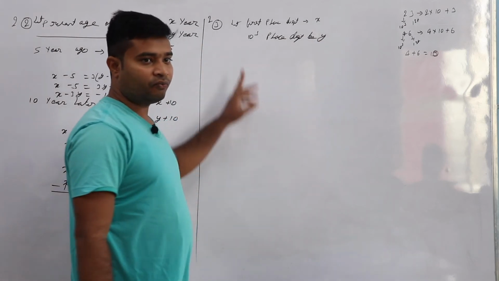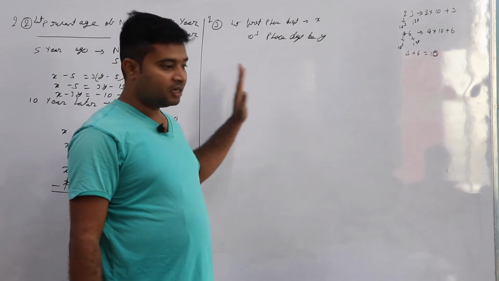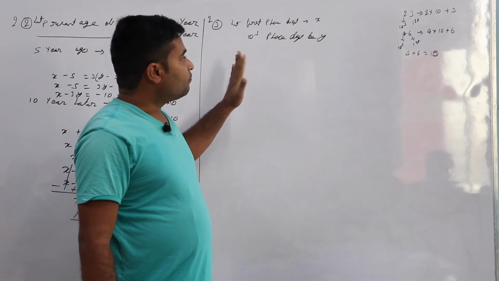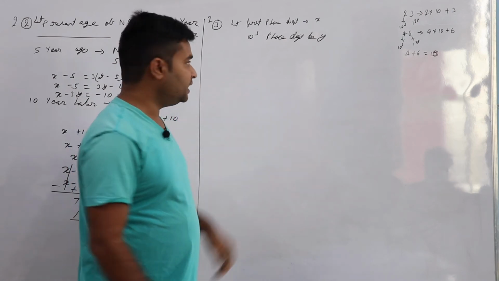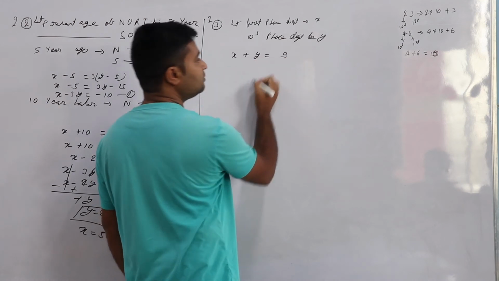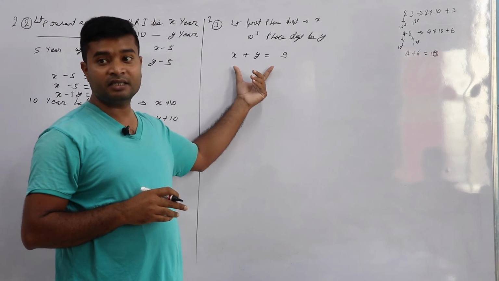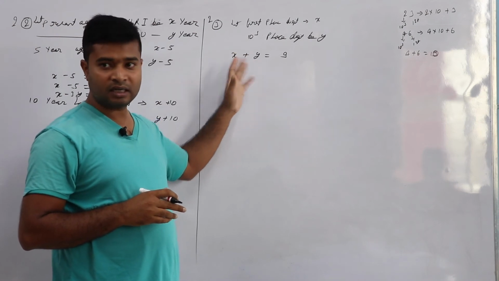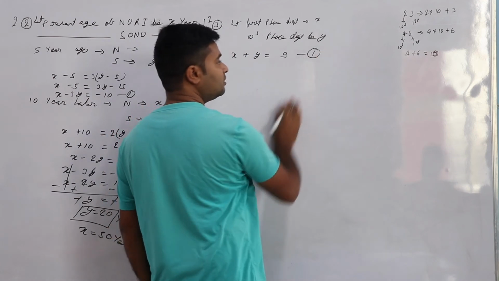Now the question is saying the sum of the digits is given equal to 9. So x plus y is equal to 9. They have just told the sum of their digits is equal to 9. Assume this is equation number 1.